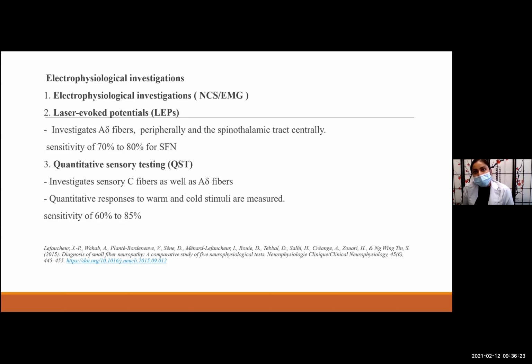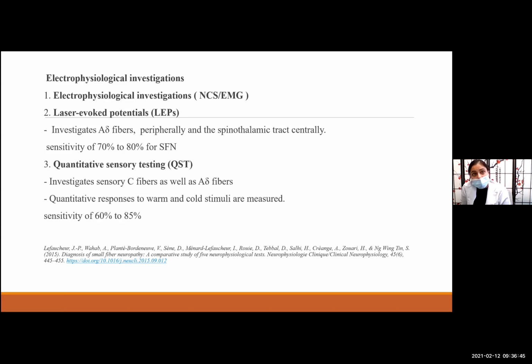So it has both subjective and objective outcomes, and it's found to be 70 to 80% sensitive for small fiber neuropathy. What laser evoked potentials identify is any abnormality in the A delta fibers, the fibers that detect sharp pain as well as cold.